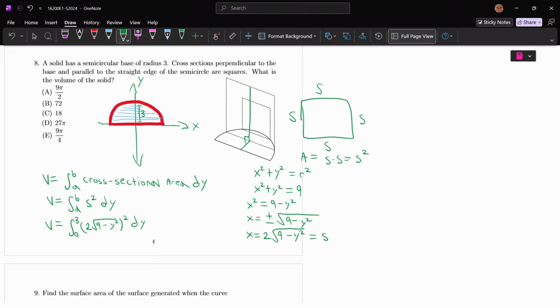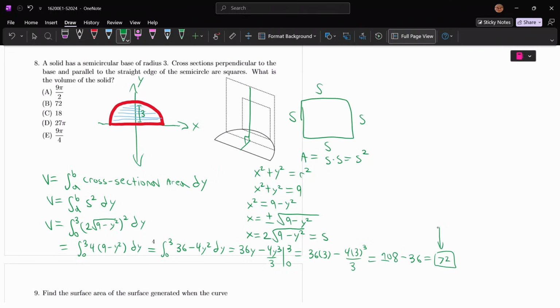And so this is going to be our final integral, and all we have to do is evaluate this and we'll have an answer. So this should turn into the integral from 0 to 3 of 4 times 9 minus y squared with respect to y, which equals the integral from 0 to 3 of 36 minus 4y squared, which equals 36y minus 4y cubed over 3, evaluated from 0 to 3, which equals 36 times 3 minus 4 times 3 cubed over 3, which equals 108 minus 36, which is going to equal 72.